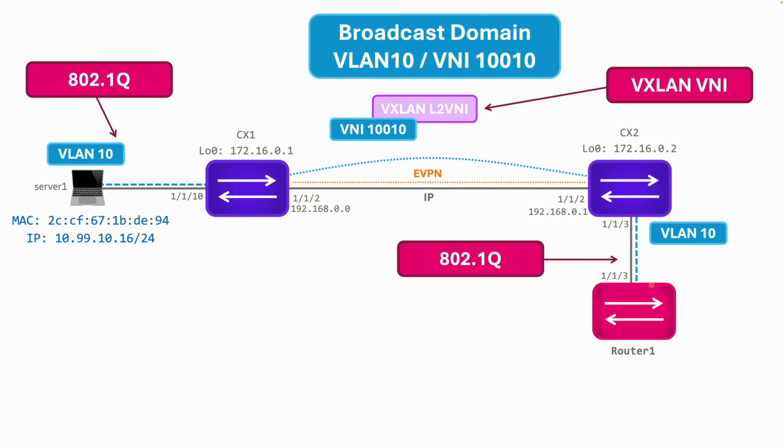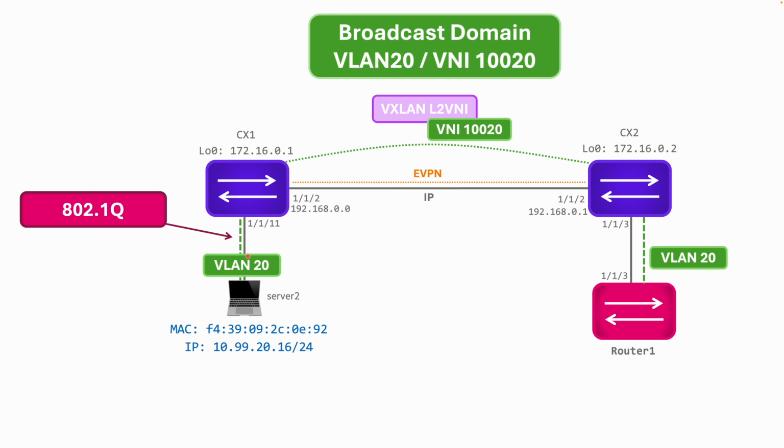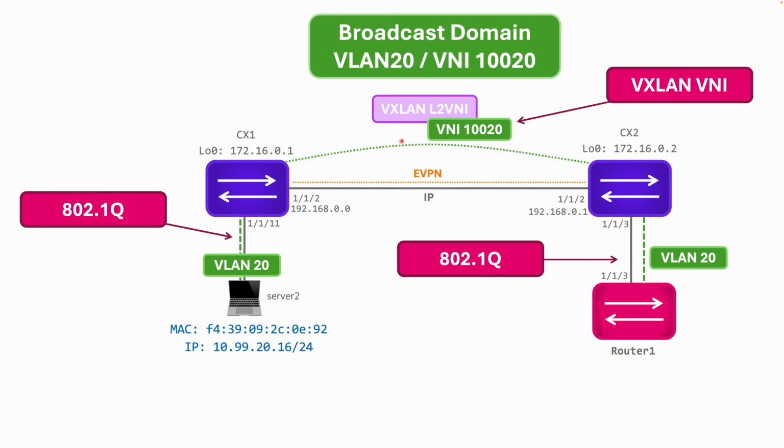Essentially the broadcast domain is stretched from here to here, and the tagging, the way that we identify it, changes as it moves through different parts of the network. So you've got 802.1Q here, and a VXLAN VNI in the middle. And conversely, you've got the same thing for VLAN 20: .1Q there, and a VXLAN VNI in the middle between our VTEPs.